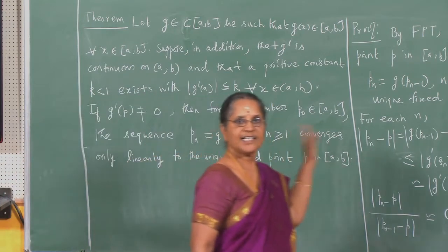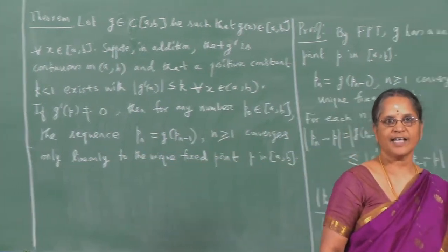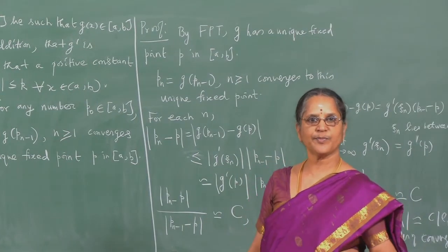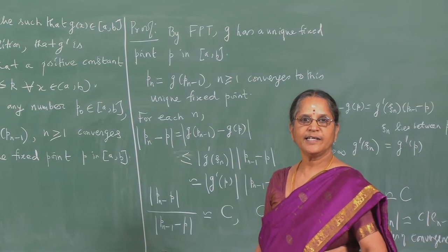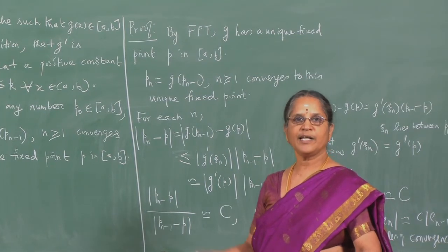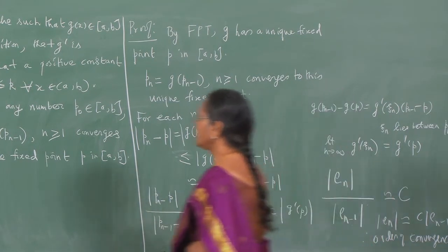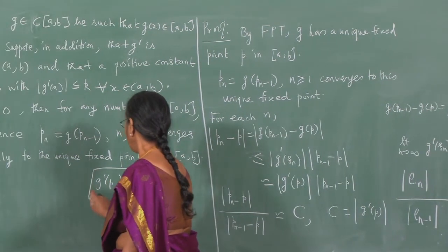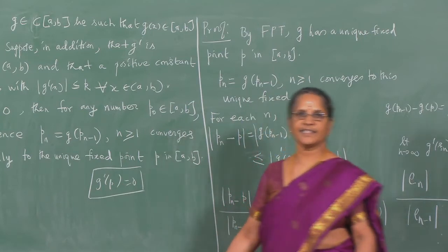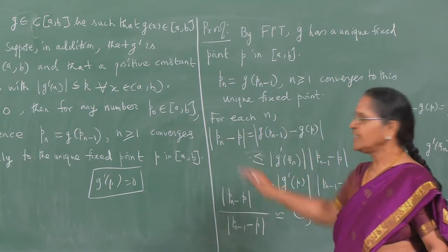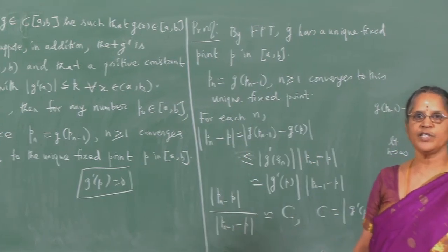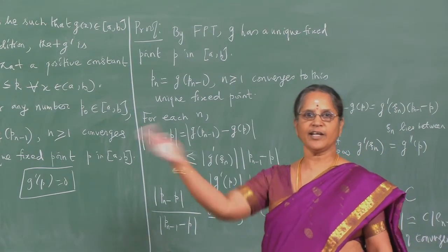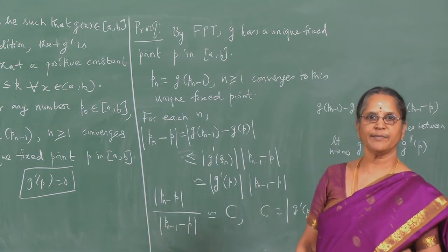So, the result immediately implies that if we want higher order convergence for fixed point iteration methods, then this can happen only when g'(p) is equal to 0. The question now arises, is this condition that g'(p) equal to 0 alone enough to ensure that we have higher order convergence for fixed point iteration methods?